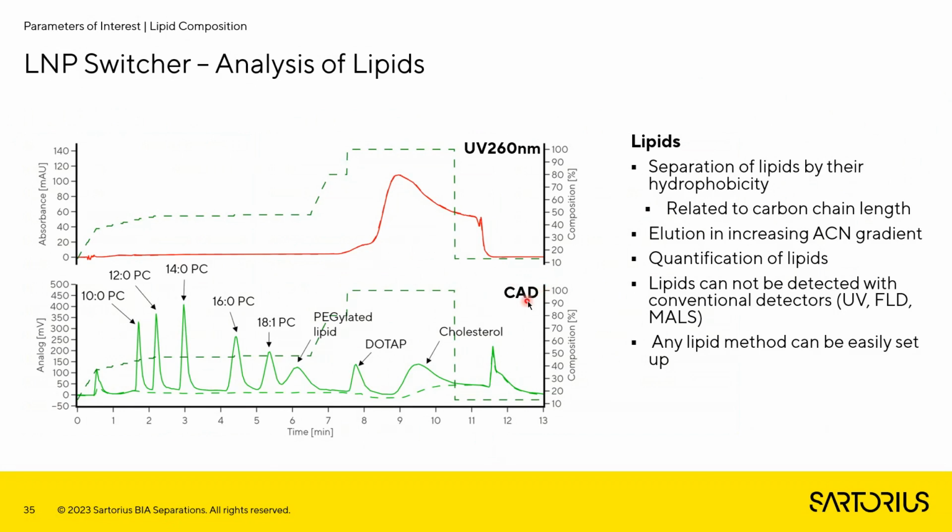One interesting thing is that we need to use a charged aerosol detector because lipids cannot be detected with the conventional detectors, for example, UV detectors, so no peaks in the UV detector response. And this method can be really nicely adjusted and modified to separate the lipids which our clients use for LNP preparation.